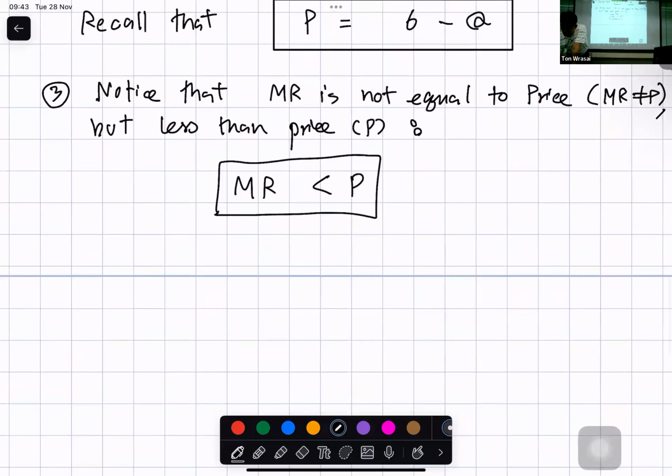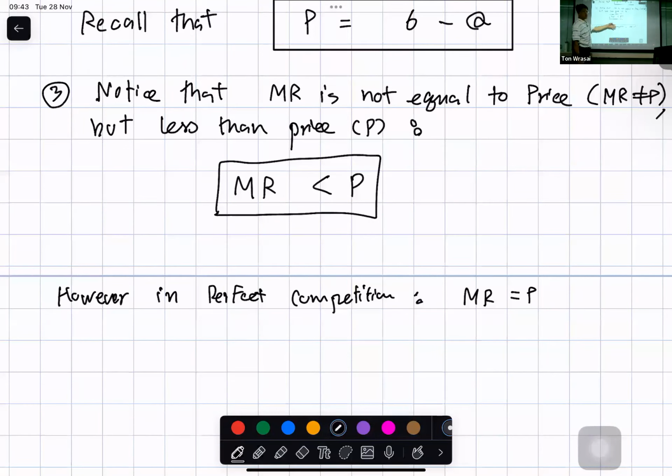Why do we have to say this? Because we remember that in a perfectly competitive market, every time a little atomic firm sells one piece of cookie, the marginal revenue always equals the price of cookie all the time.